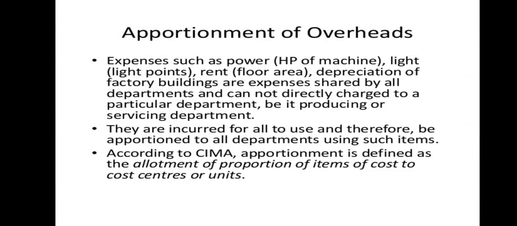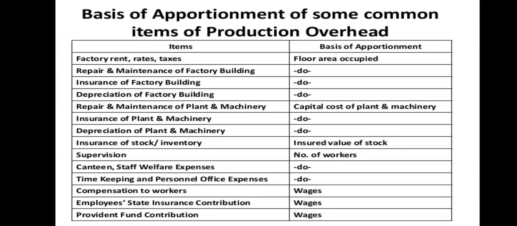According to CIMA, apportionment is defined as the allocation of proportions of items of cost to cost centers or units. So students, please observe this slide carefully, take a screenshot of it and note it down in your notebook, because we need to apportion or divide the overheads based on this chart.